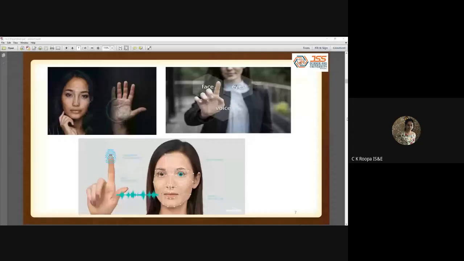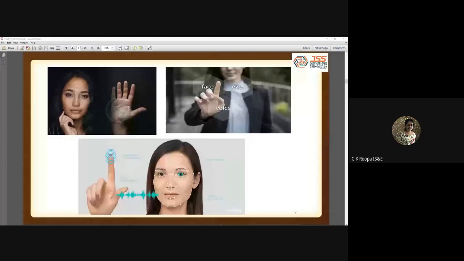So this is the next slide that I wanted to present. If you see this face and the palm, there is a lot of geometry that exists, right? So try to capture that geometry and try to identify the human person in a better way.